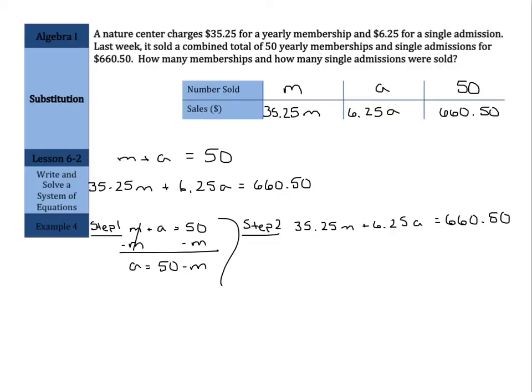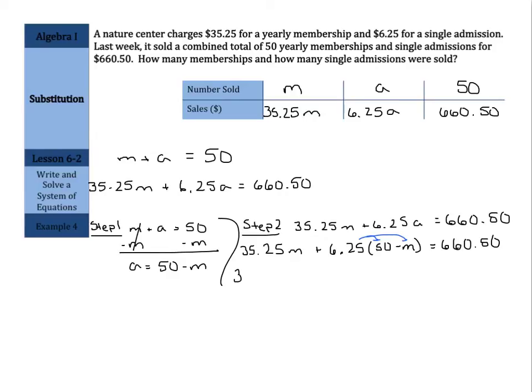So 35.25M plus $6.25 times 50 minus M is going to equal $660.50. We're going to use the distributive property here.